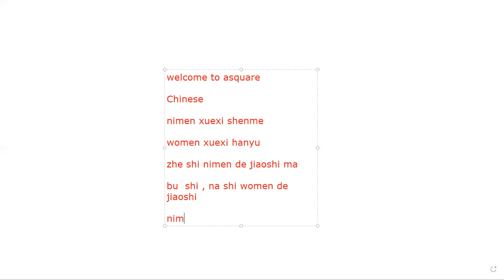When I ask you, nimen ban. Now, ban is basically used for the class. Ban, tongxue. Tongxue, clear? Tamen, tamen. Tamen is they. Repeat after me, tamen. Tongxue. Tongxue basically we use for classmate.